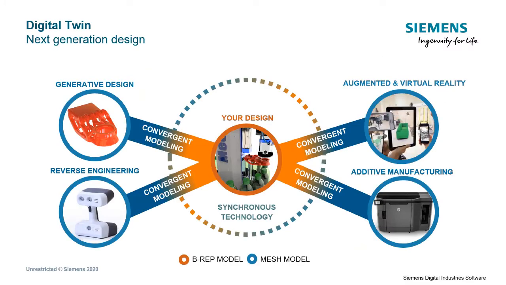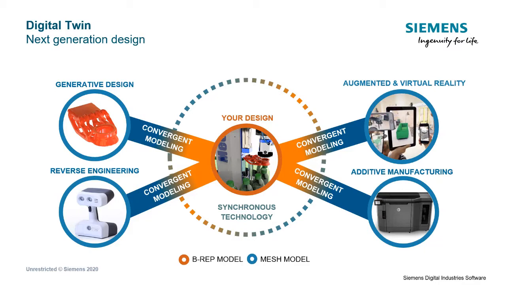One of the unique technologies that we use to support lightweighting and additive manufacturing is called convergent modeling. This technology works behind the scenes to combine design information stored in mesh-based models, for example that created by reverse engineering, or that created by the generative design process that you will see in the upcoming demonstration, with that stored in the boundary representation format of traditional 3D CAD models.